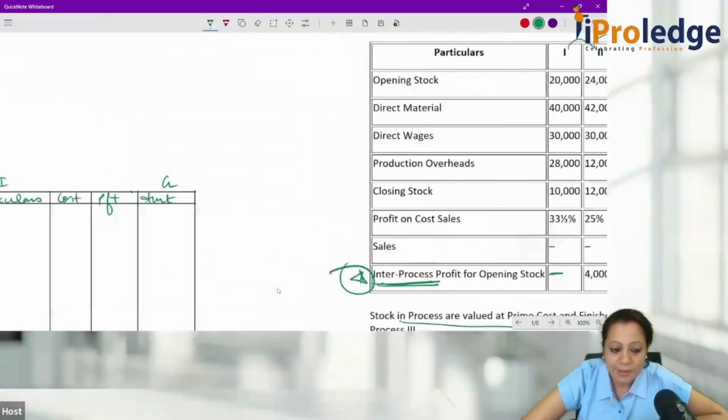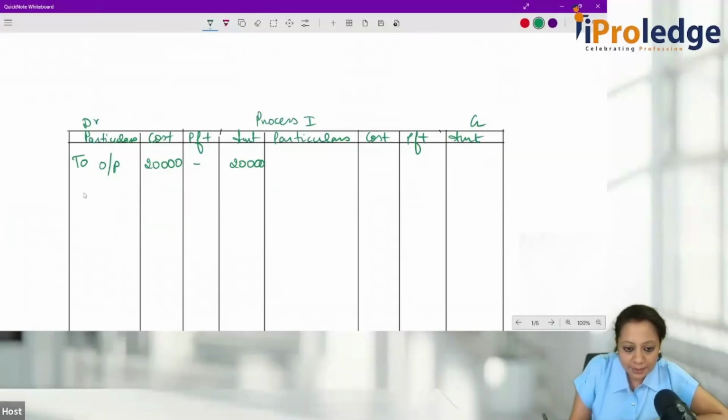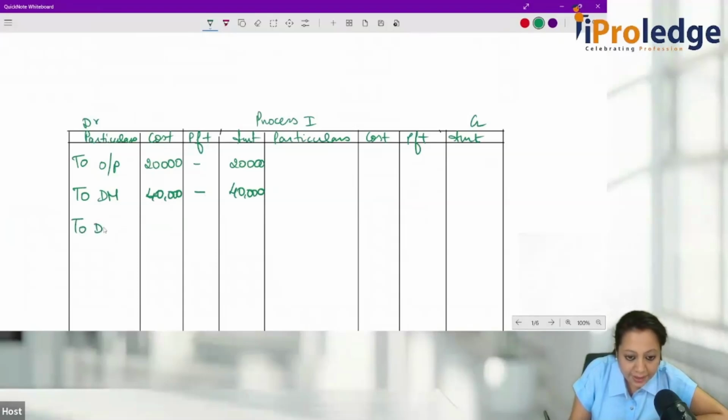All right, now we will proceed. The next one is direct material. We are following the format. In direct material and all, we can't make any profit. So it is going to be 40,000. To direct wages, it is going to be 30,000.